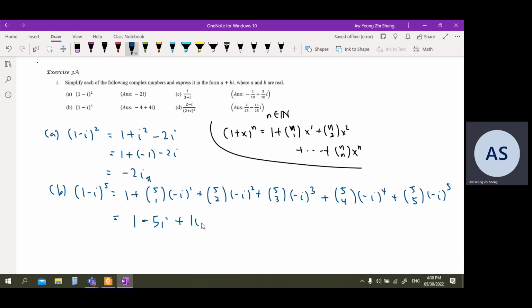5C2 would be 10. Negative i to the power of 2, I will get positive i squared. And bearing in mind that when I take an even power, that negative will be gone. Third term, negative to an odd power, so that changes the plus at the front to become a minus. 5C3 is 10 again, and I have i cubed.